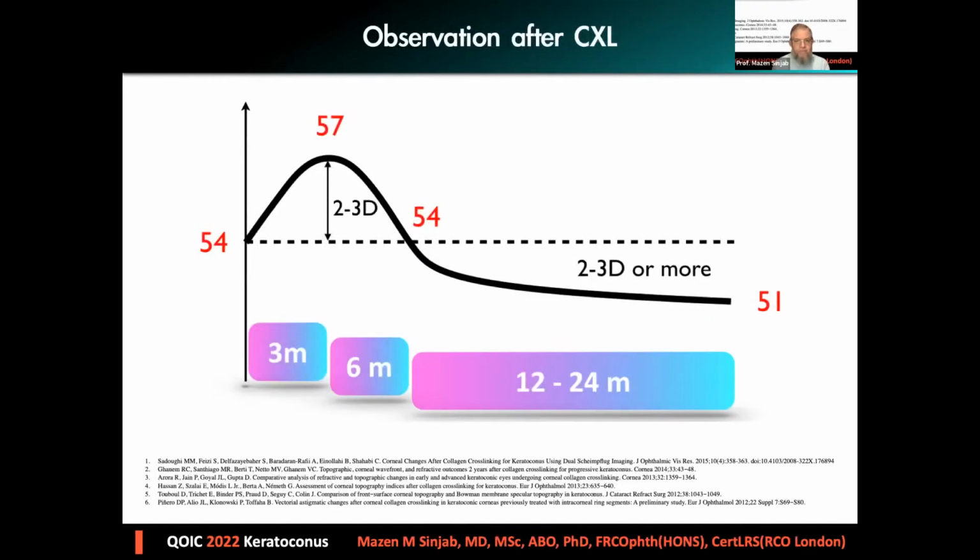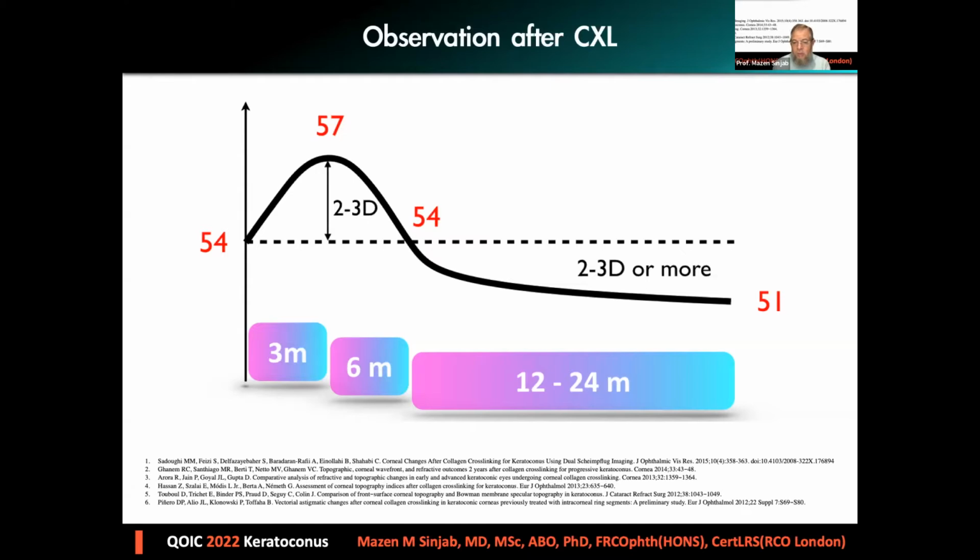However, we have to pay attention to how to observe the cornea after cross-linking. We can start observing the cornea after cross-linking only after 6 months. During the 6 months, you have to forget the cornea.